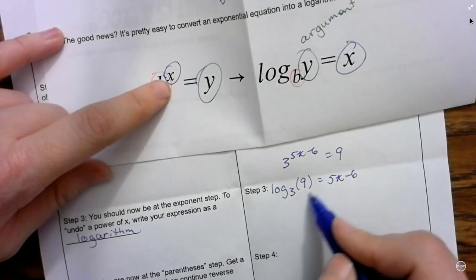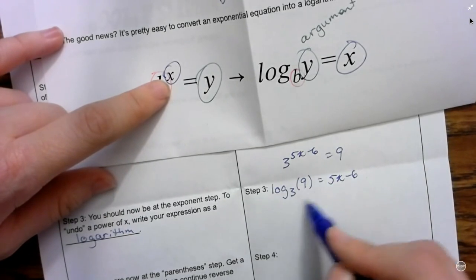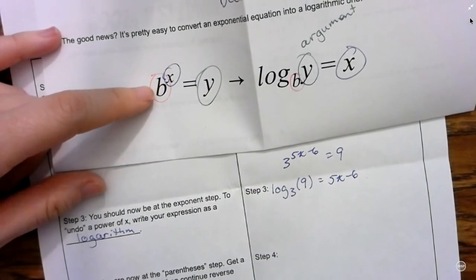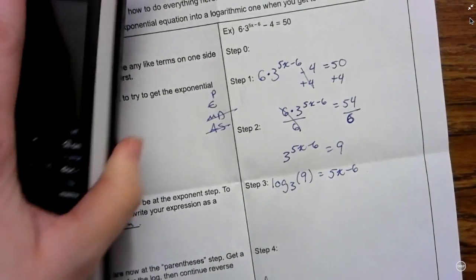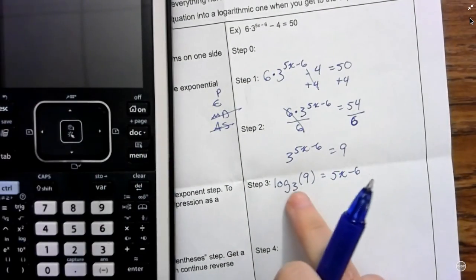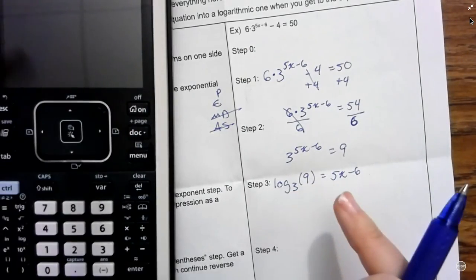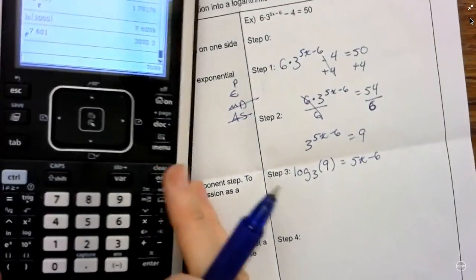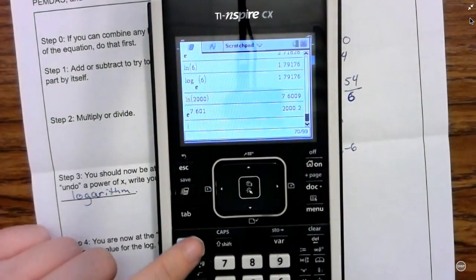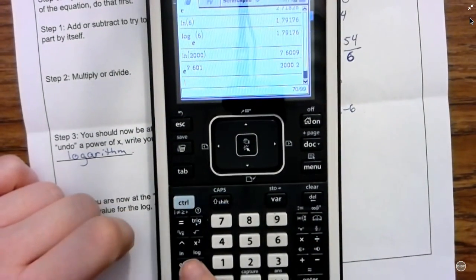Now this right here has no variables in it, so you can just put that in your calculator and see what you get. Now that part you could probably just do in your head. I mean, that means 3 to what power is 9, and we know it's 2, but let's go ahead and practice typing it. So press Control and the 10 to the X button.